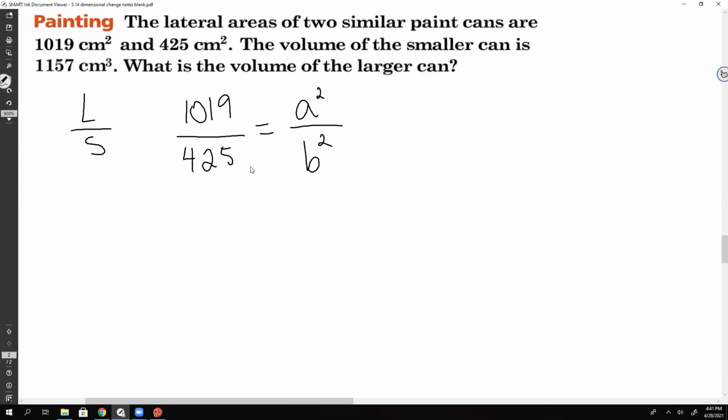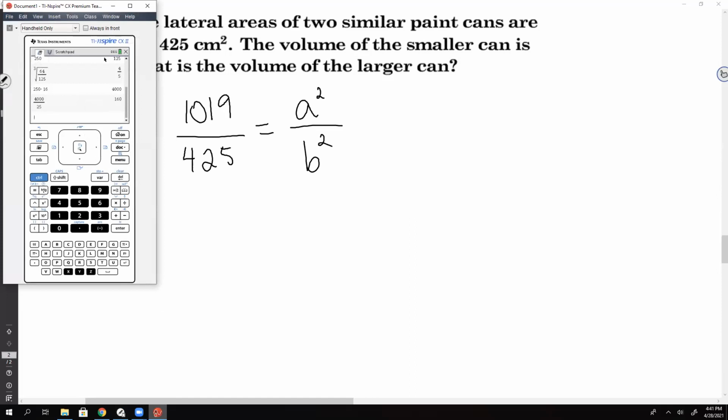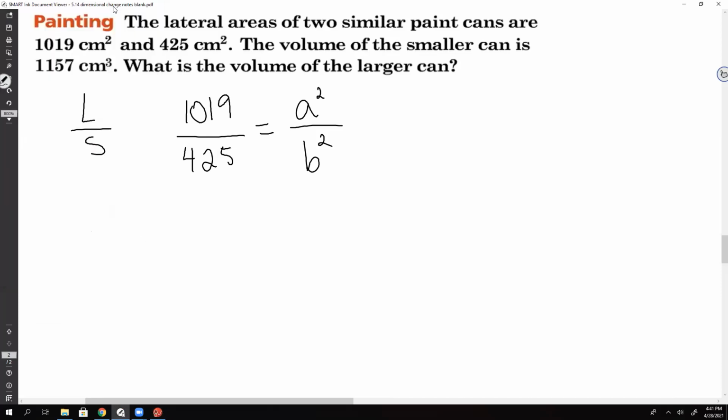And so now I'm going to check this 1019 over 425. Can I reduce it? 1019 divided by 425. Okay, that's as simple as it gets, so I'm going to have to leave it like this. So now what we need to do, to prevent things from getting messy, we're going to leave things as square roots.